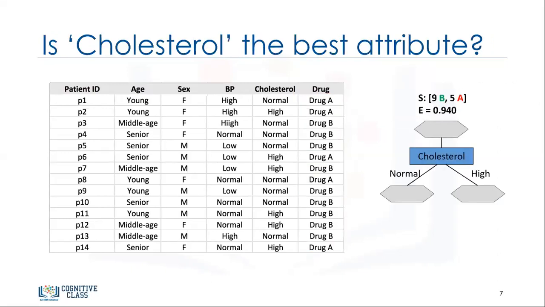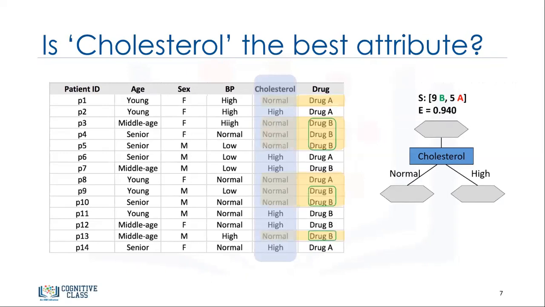So, what is entropy after splitting? Now we can test different attributes to find the one with the most predictiveness, which results in 2 more pure branches. Let's first select the cholesterol of the patient and see how the data gets split based on its values. For example, when it is normal, we have 6 for drug B and 2 for drug A. We can calculate the entropy of this node based on the distribution of drug A and B, which is 0.8 in this case.